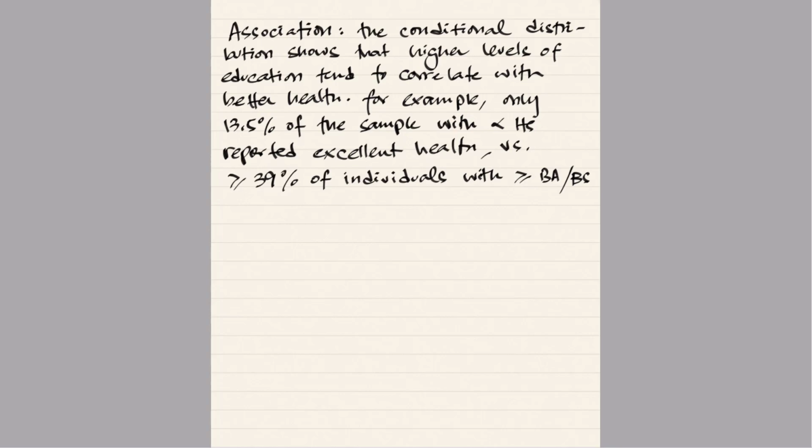For example, only 13.5% of the sample with less than high school reported excellent health versus more than 39% of individuals with at least a bachelor's degree. So greater than or equal to BA/BS there at the end is saying basically a bachelor's degree or higher. And that is what the table showed.